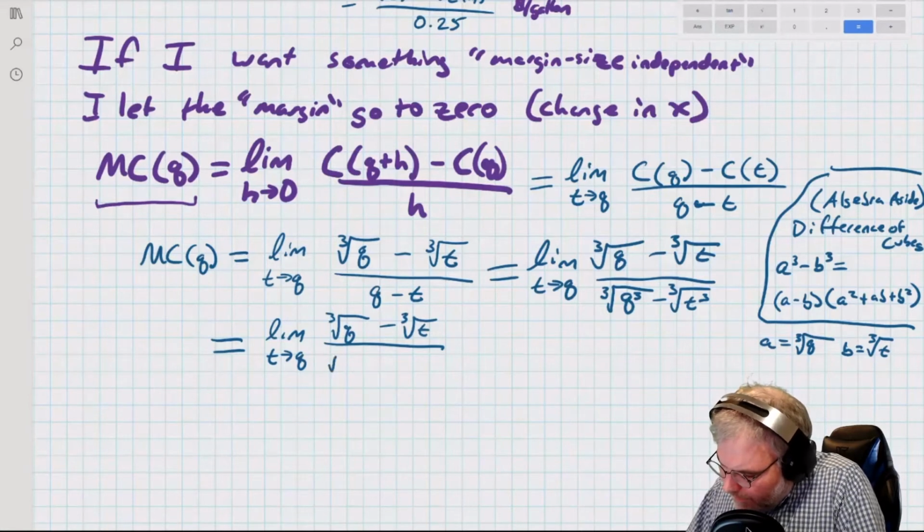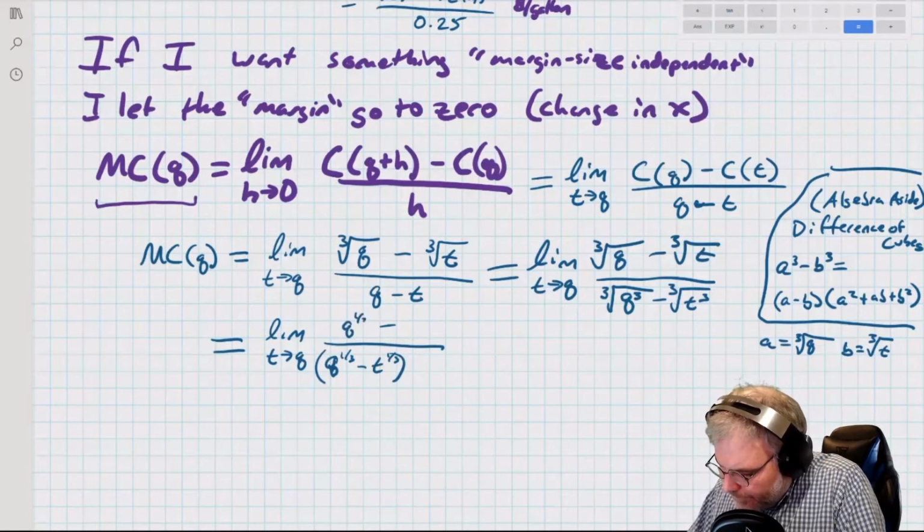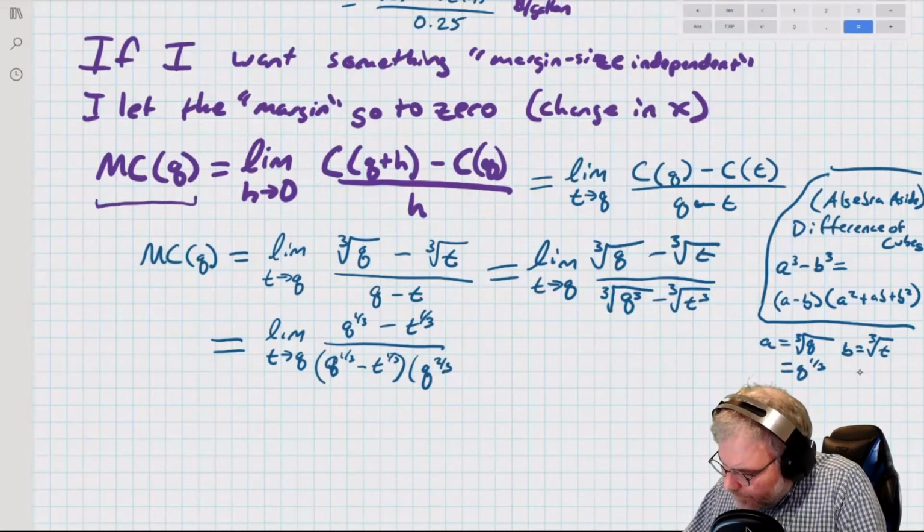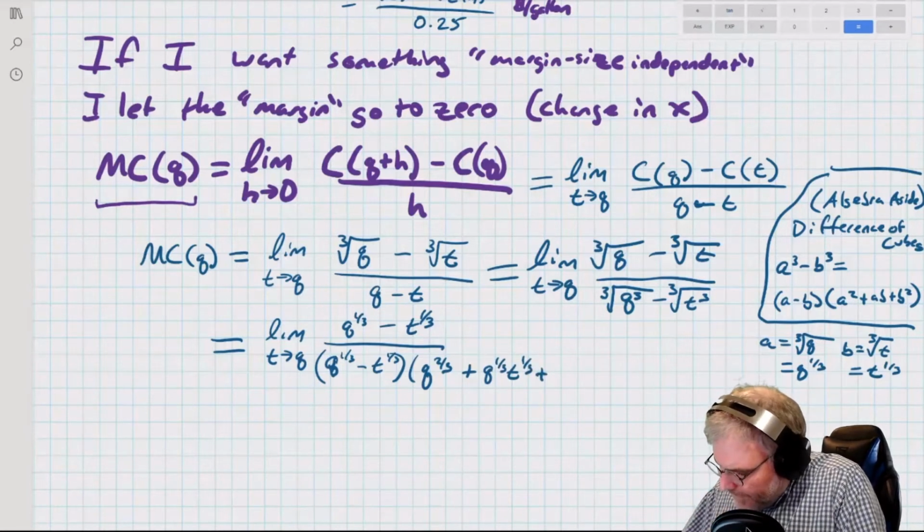On the bottom, I'll wind up with q to the 1/3, I'm going to write it that way just because it's faster, minus t to the 1/3, times the quantity a squared, so q to the 2/3, plus q to the 1/3 t to the 1/3 plus, what is this last one here? t to the 2/3.